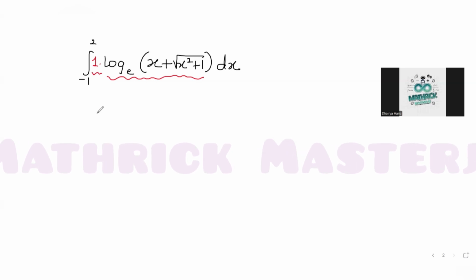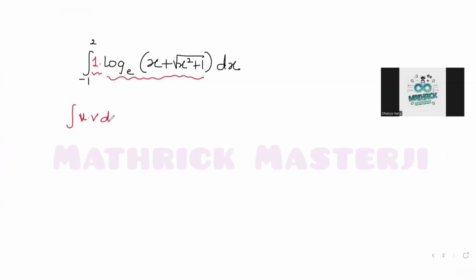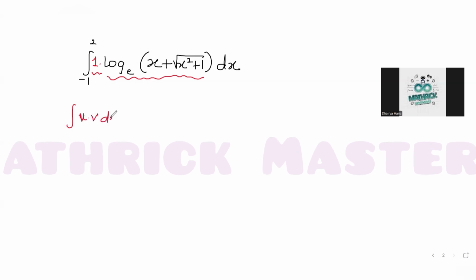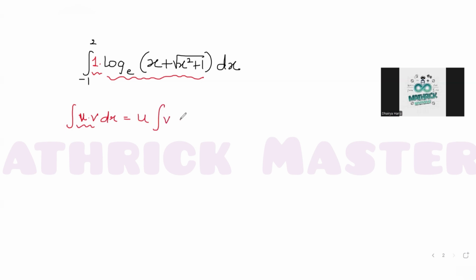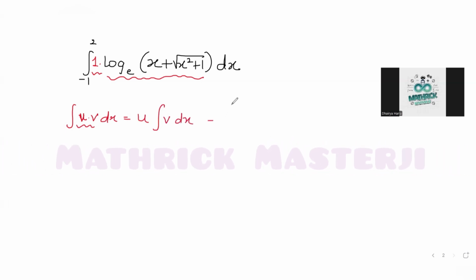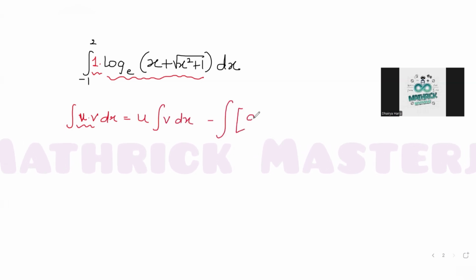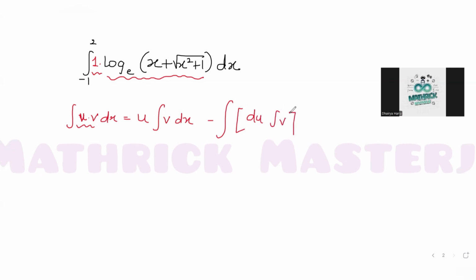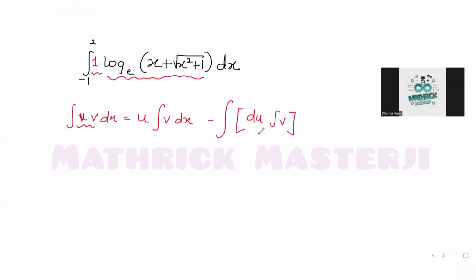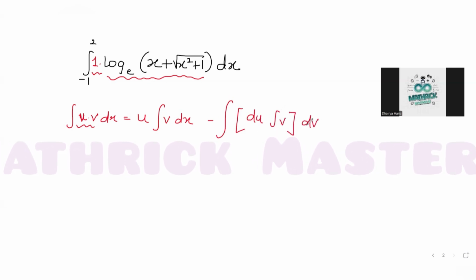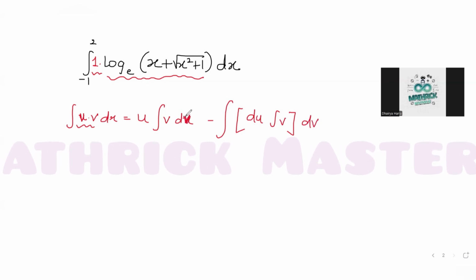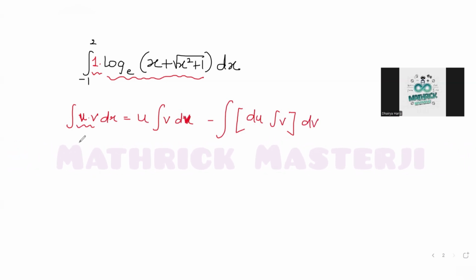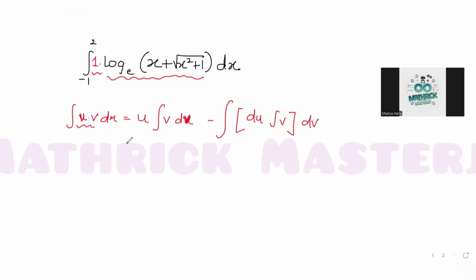To integrate a product of two functions, u times v, I can use the integration by parts rule: u times integral of v dx, minus the integral of the derivative of u times the integral of v, with respect to dx. But for that, we need to decide which of the two functions is u and which is v.